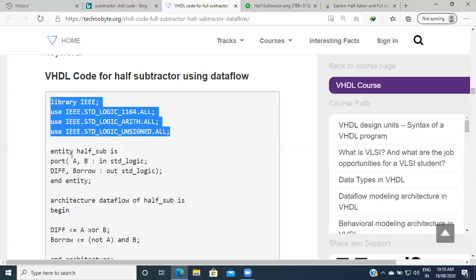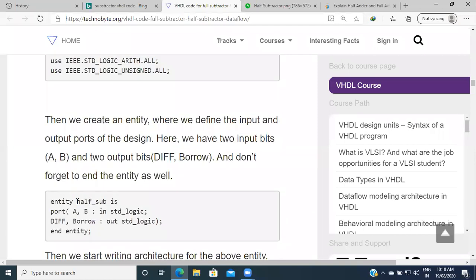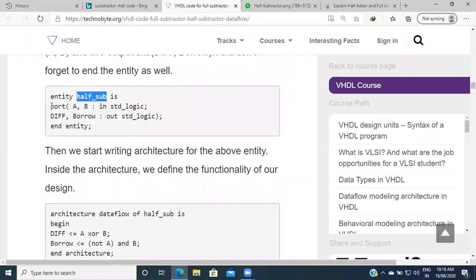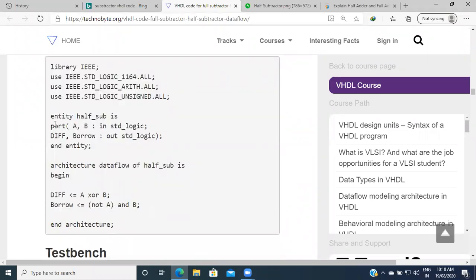Then here entity half adder, here for subtractor, the entity name is half_subtractor, same here entity name is half_subtractor is, that statement is same. Here the port A comma B, but in that full subtractor the 3 ports are present. So here the ports are nothing but the A comma B in std_logic, then difference and borrow out std_logic.